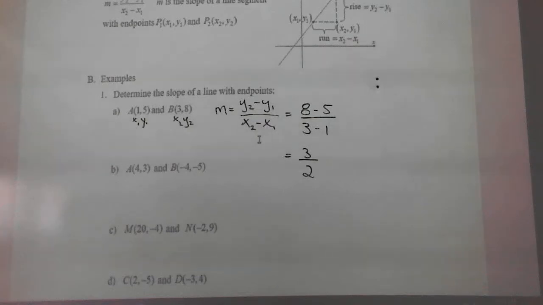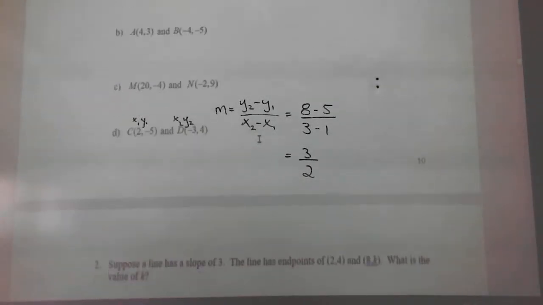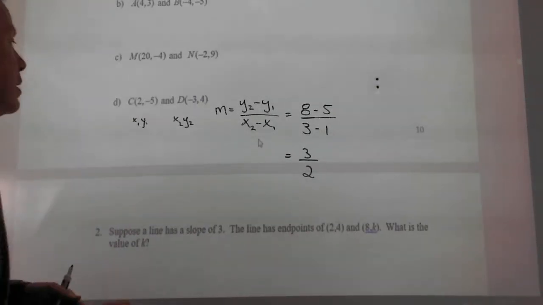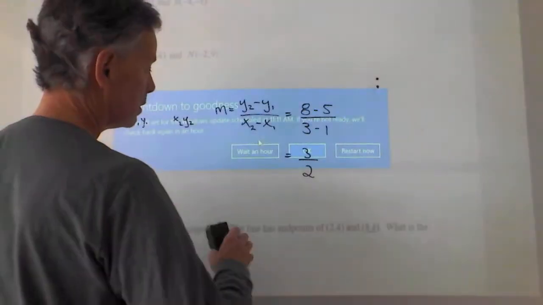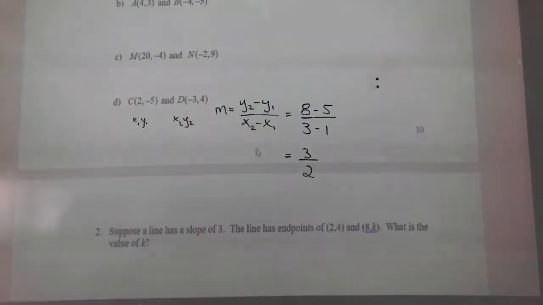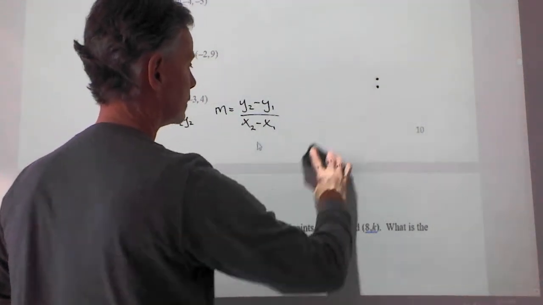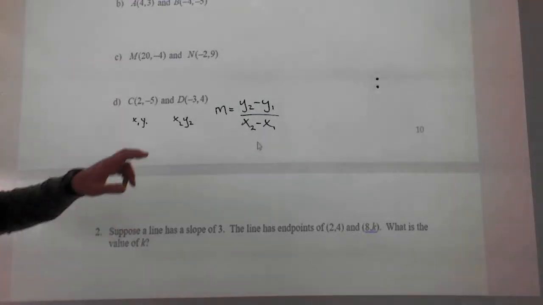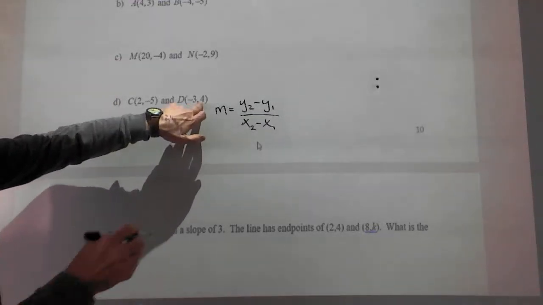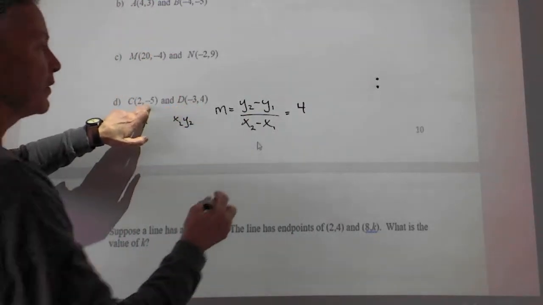We'll try, I don't know. Why don't we do D? So for D, our y2 is 4. Our y1 is negative 5.